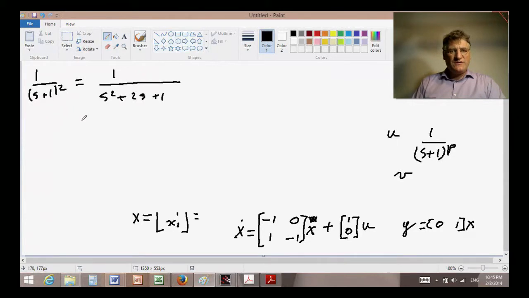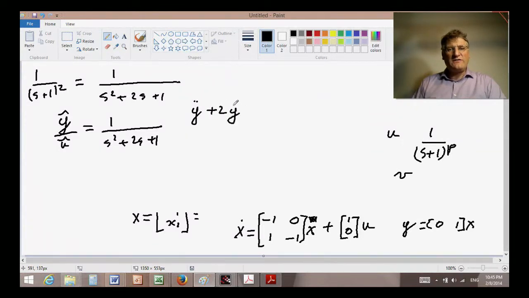Under which condition we can write that y hat over u hat is equal to 1 over s squared plus 2s plus 1, or in other terms, y double dot plus 2y dot plus y is equal to u.